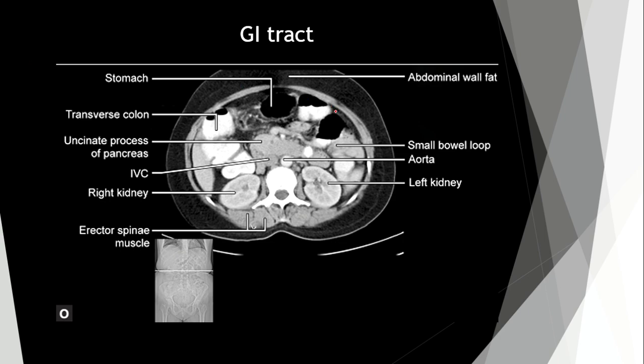If we see some air which doesn't make up any organ, where you don't see the wall of an organ, it can signal to us that it is free air in the abdominal cavity.